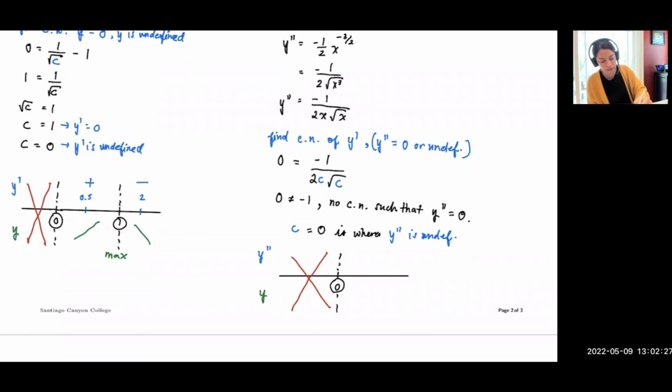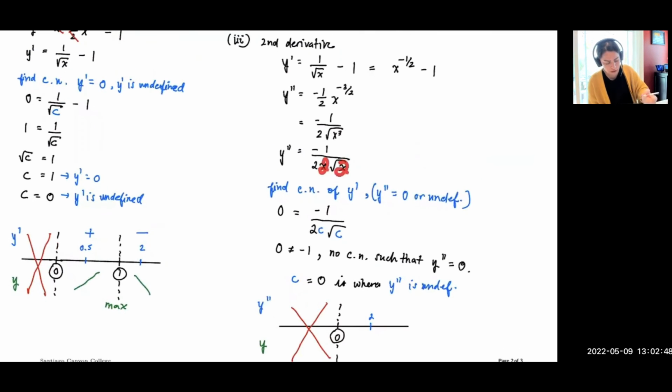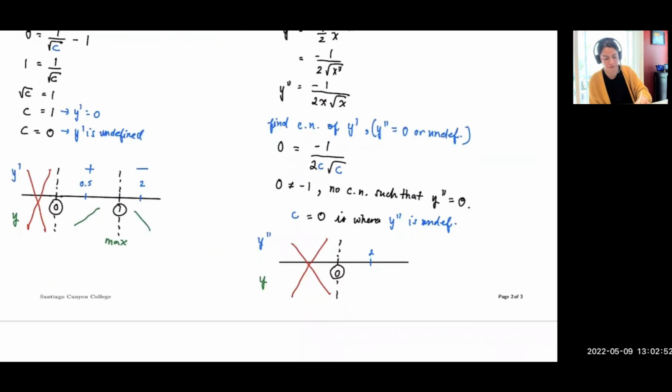So we can pick something like 2. If I put 2 into the second derivative, negative 1 over a positive is just a negative number, which means for the original function, if the second derivative is negative, the original function is concave down.